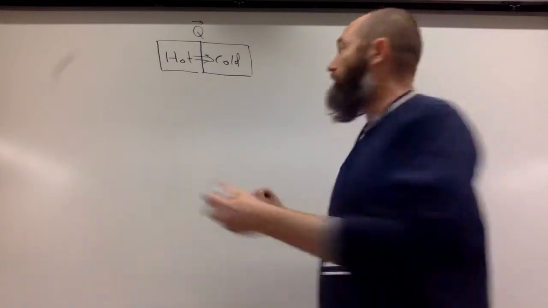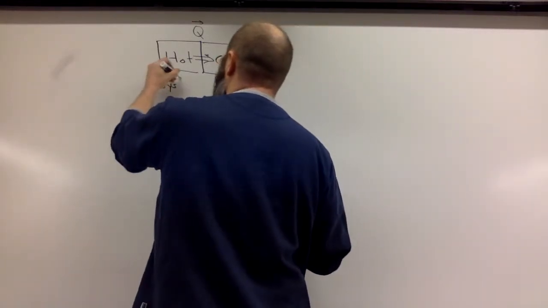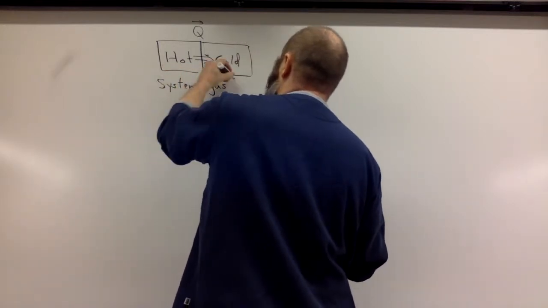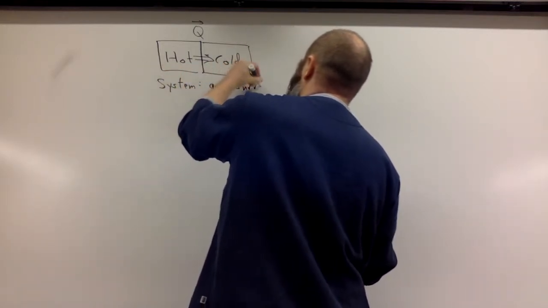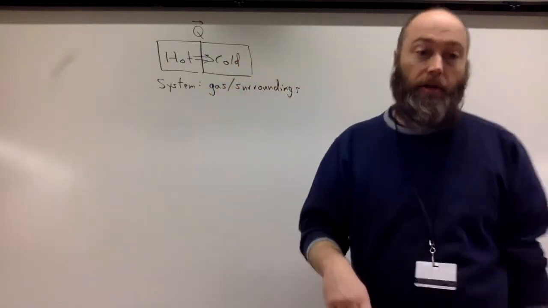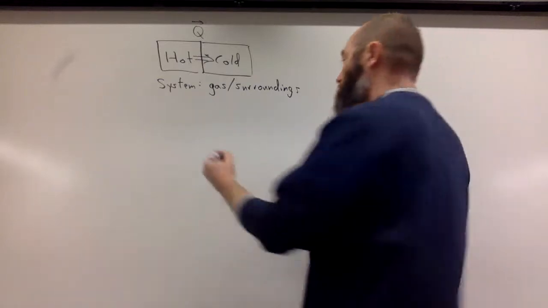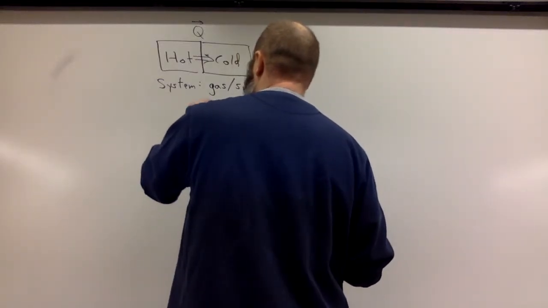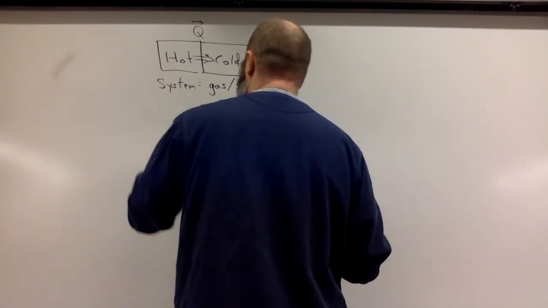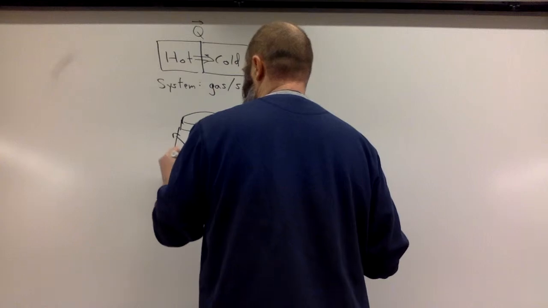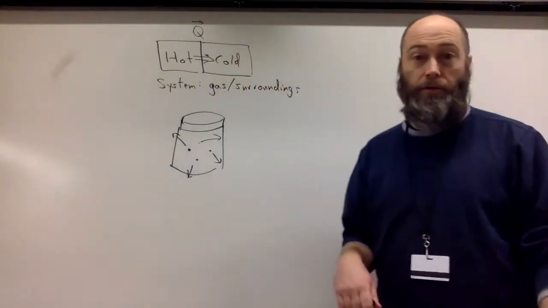Let's pretend that our system is going to be the gas and the surroundings. We're going to start like we've done, where we have a container. My container has some gas molecules in it, moving around.